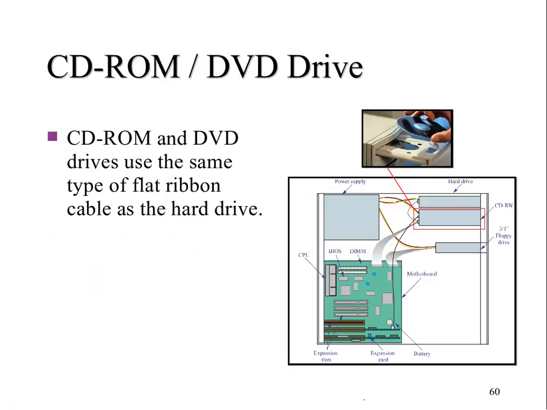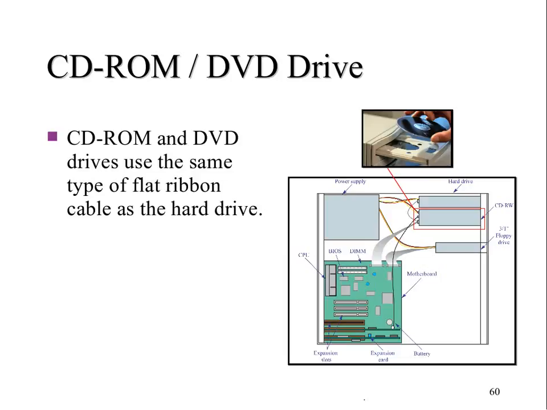The CD-ROM or DVD drive, it's often both all in one, is an optical storage. It uses light to read data off of a disk or to write data to the disk, and it is one of the larger components in your computer. It is a lot like a hard drive in many ways, in that it is non-volatile.